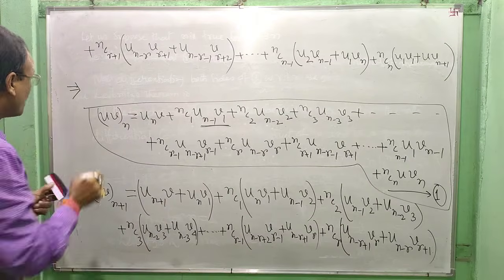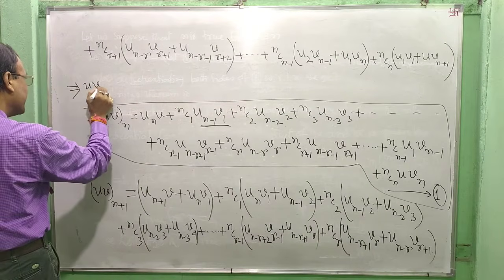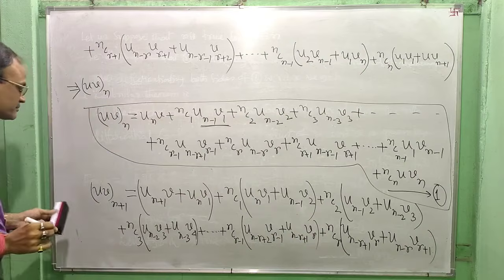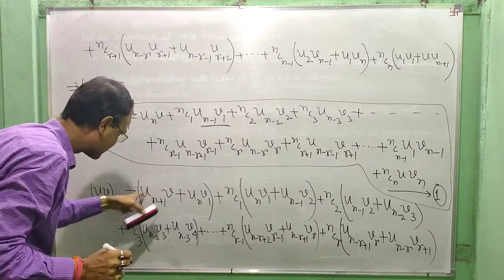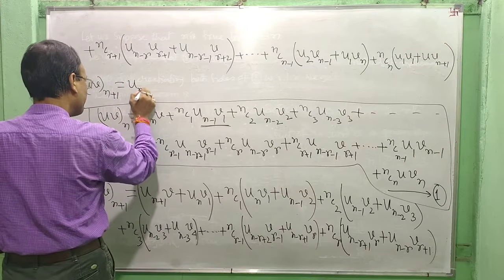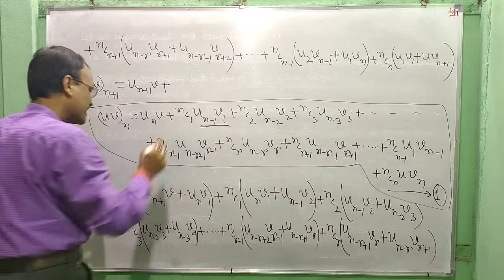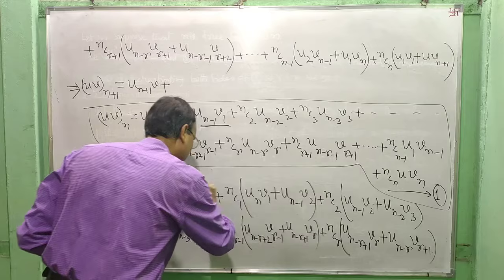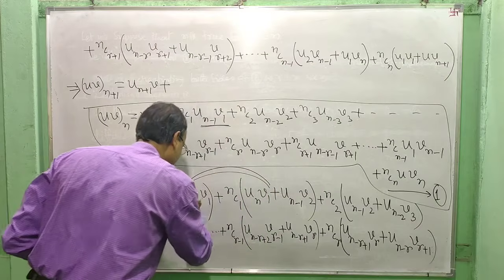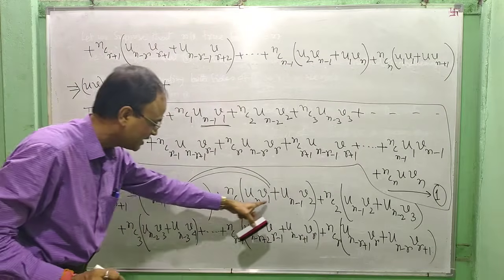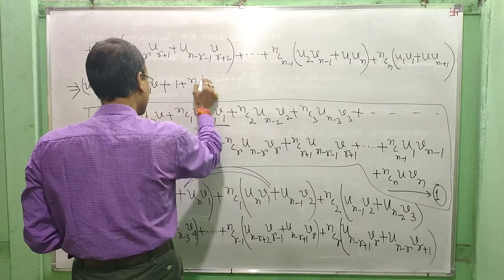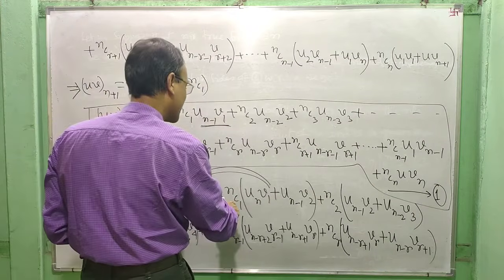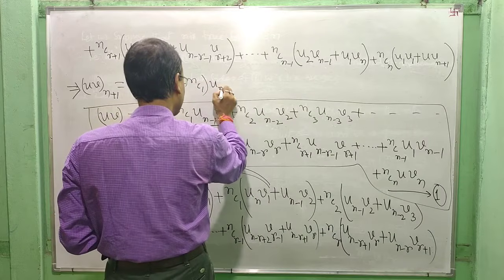Now, u v(n+1). This is equal to, write the first term u^(n+1) v, plus these two terms can be joined: u^n v1, u^n v1, 1 plus nC1, u^n v1.